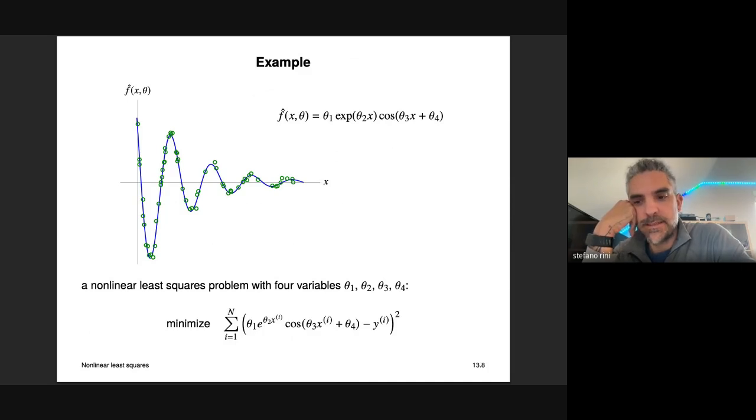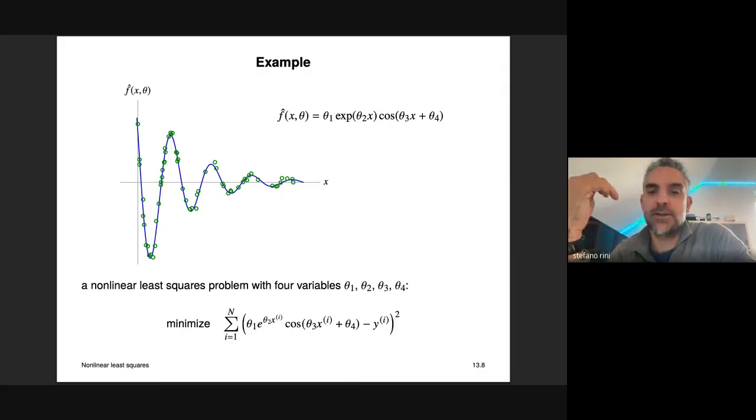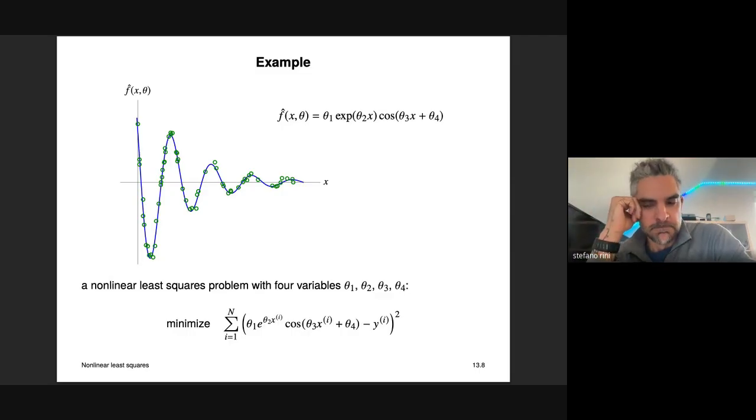This is a very strange model for the world, a modulated exponential, right? We have a real exponential function that multiplies a trigonometric function. If some of you have taken signals and systems, you know that this is a complex exponential. I was almost about to call it a complex exponential, but then I remembered that some of you might not have seen complex exponentials.